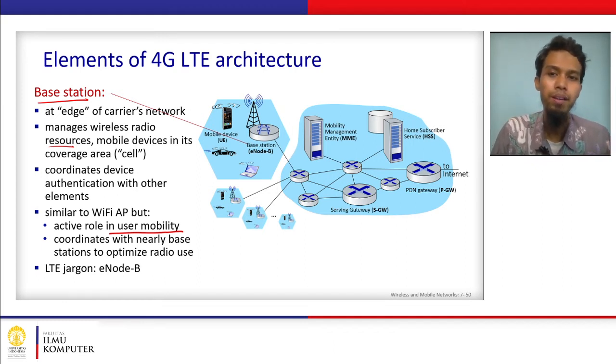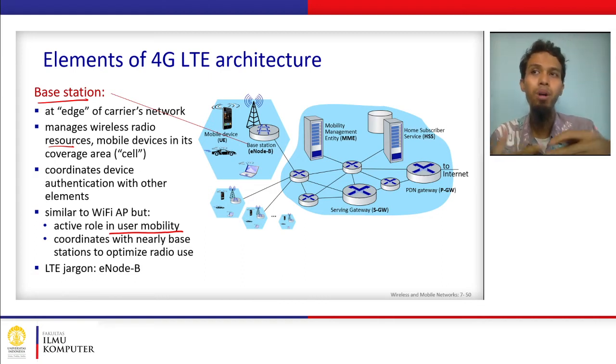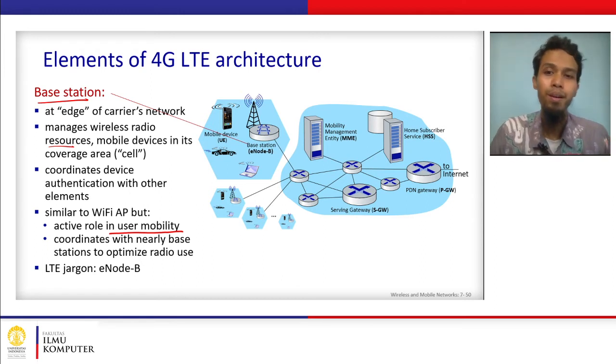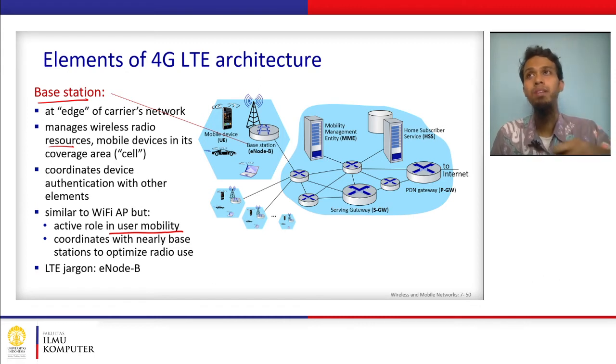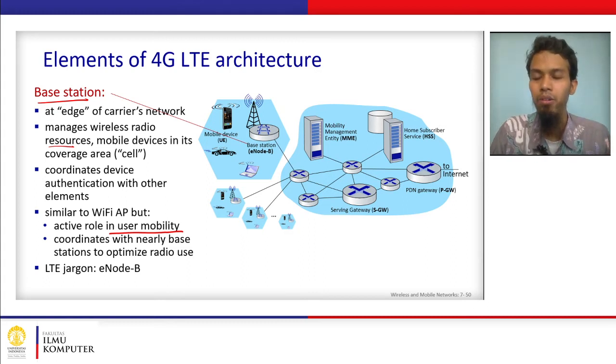So, for example, in the E-Node-B or base station, when the user is about to leave one base station and go to the next, neighboring base station, then the base station will set up the handoff in place of the mobile device or user equipment. Right. So, it also coordinates with the adjacent base stations to optimize the radio use.